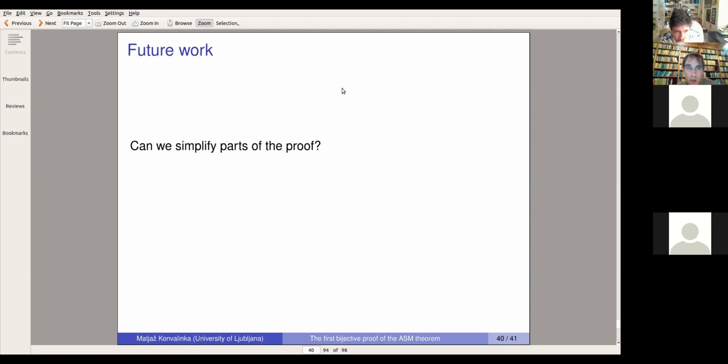So future work. Well, now that this is broken up into kind of smaller pieces, you might want to simplify some of those pieces, right? So that's definitely what we would like to see done, right? To gradually simplify this proof. So of course, everybody's welcome to join and try to simplify part of this, to make it into a proof doable by humans as well, not just by Python.